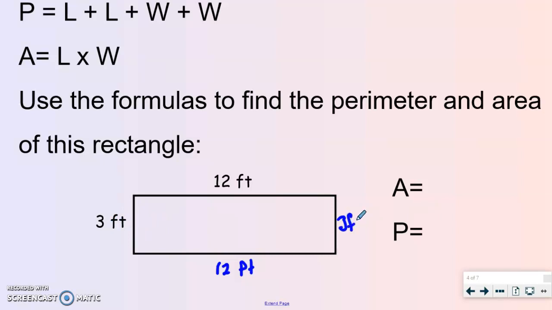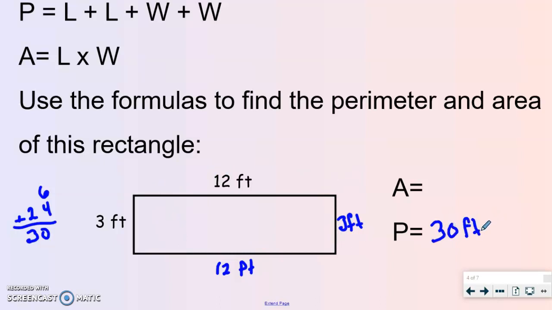So the perimeter would just be the sum of all of these lengths. So 3 plus 3 is 6. I'm just going to do some quick figuring over here. 12 plus 12 is 24. Okay, and if I add 24 plus 6, I get 30. So my perimeter, or the length around my rectangle, is going to be 30 feet.